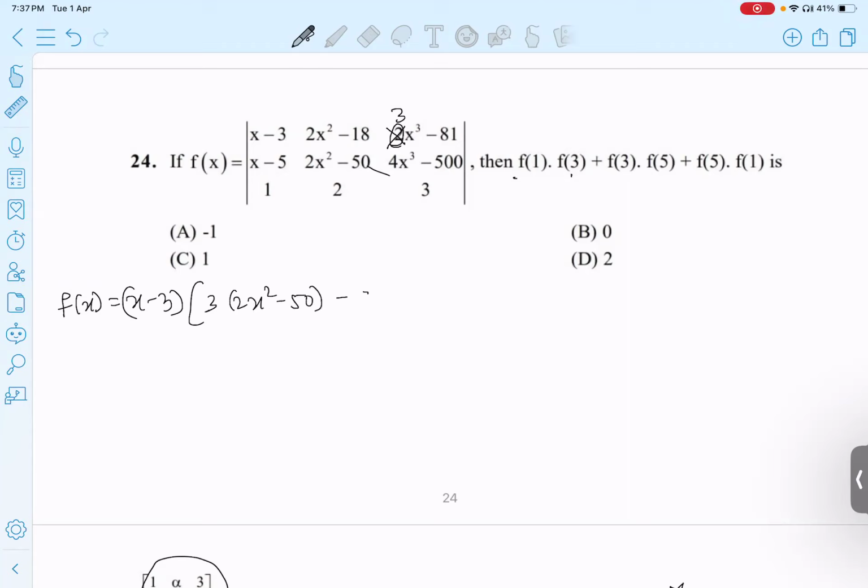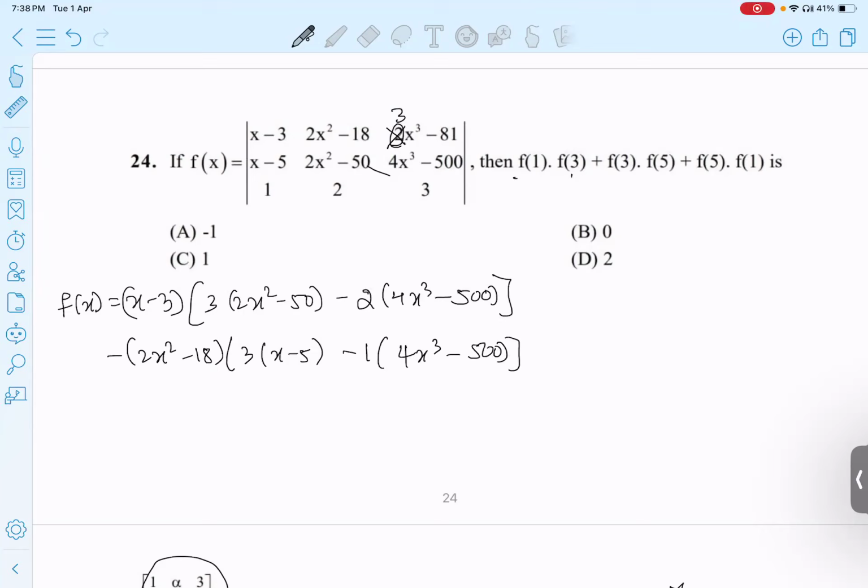No need to simplify, just multiply and keep the answer. Now minus of 2x square minus 18, 3 times x minus 1 minus 1 time. I'm just multiplying the first row, closing this and this. You will know how to solve the determinant, isn't it? The same concept. This is 3, not 2.